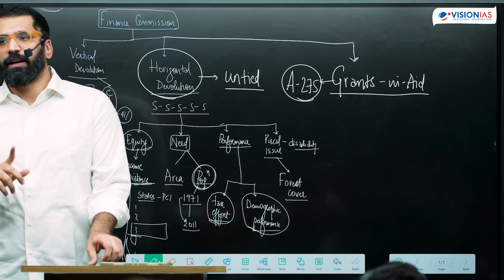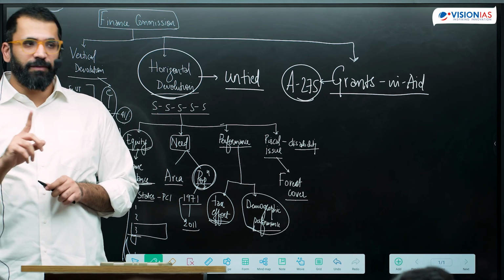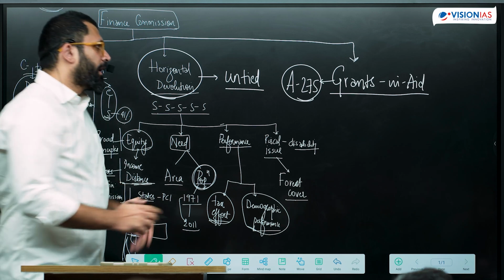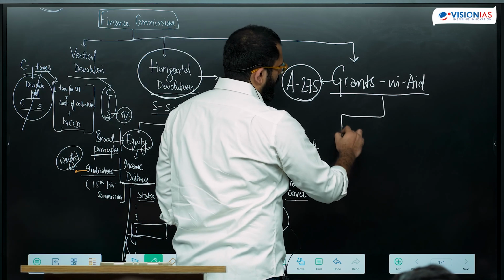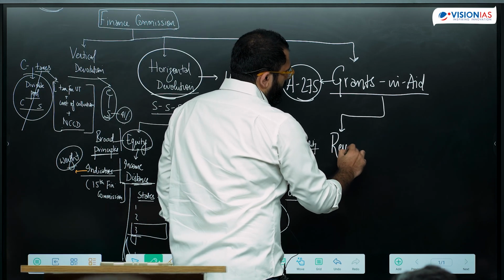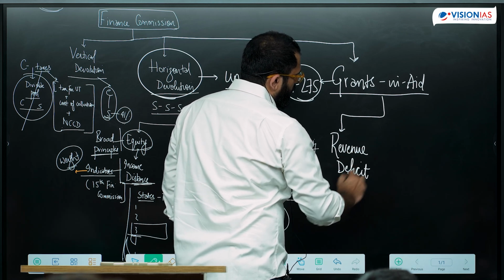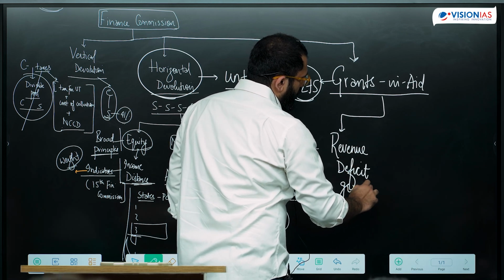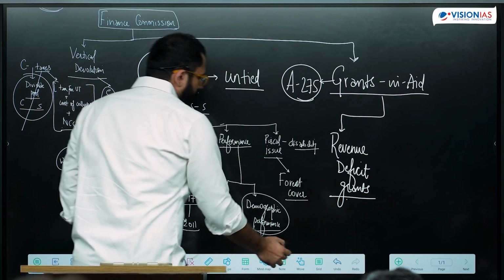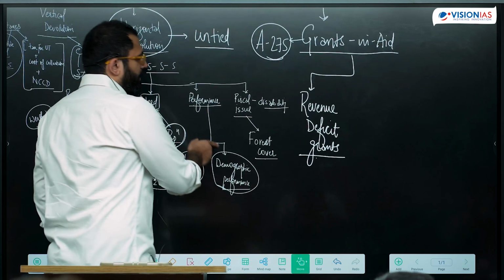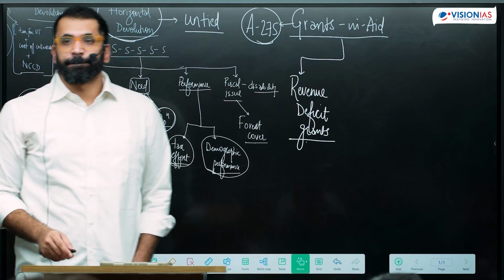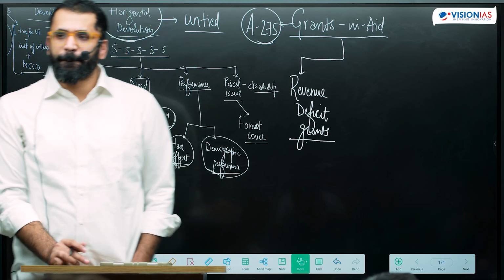Now, one grant in aid which has been given right from the first Finance Commission till the 15th Finance Commission has been the revenue deficit grants. Now, what do you mean by revenue deficit grants? Any idea what's revenue deficit?